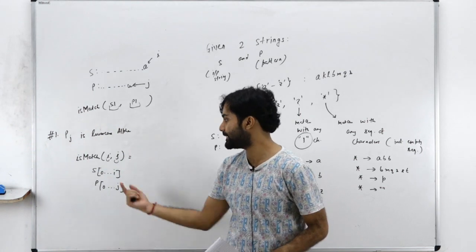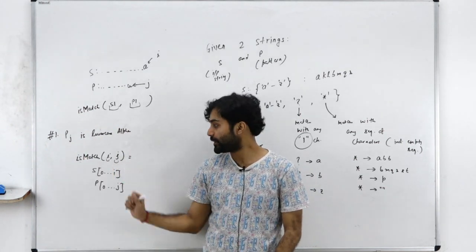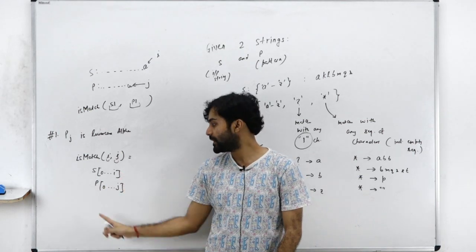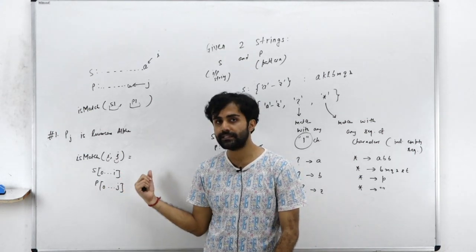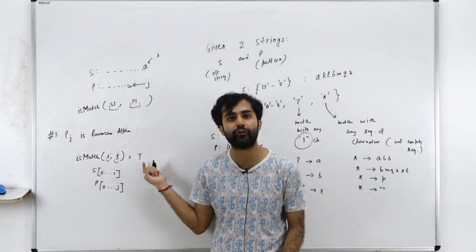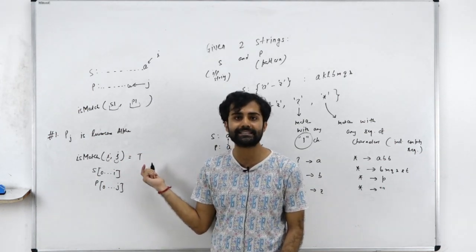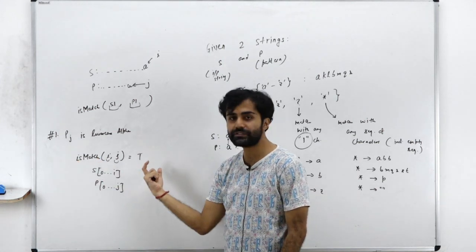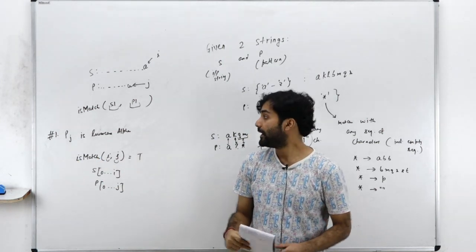This is the physical significance of this thing. So if my string S from 0 to i is matching against pattern P from 0 to j, then this thing is going to return true. Otherwise, this thing is going to return false, right? So that's what the definition is of is match(i, j).